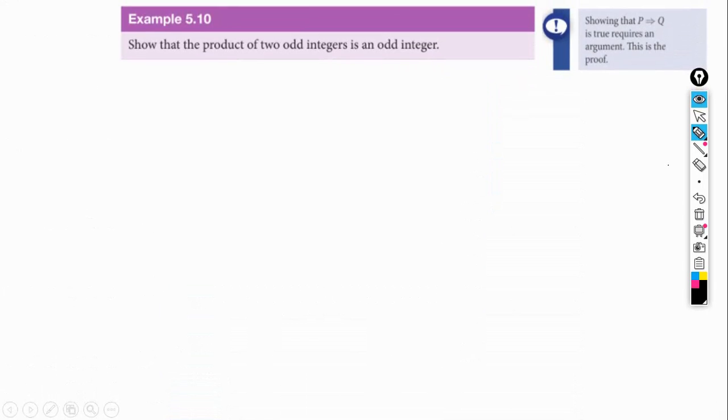So next, let's take a look at example 5.10. It says, show that the product of two odd integers is an odd integer. So let m and n be odd integers. We need to prove that m times n is an odd integer. By definition, an odd integer can be written in the form 2k plus 1 for some integer k.